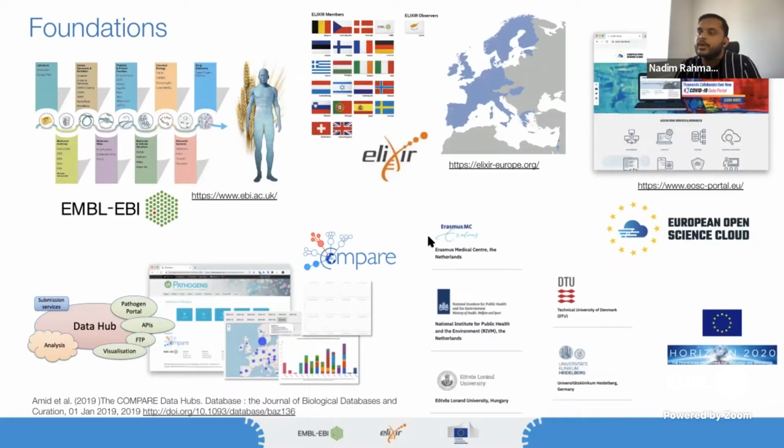So part of the reason why we've been able to act relatively quickly as part of the response to the pandemic is that we had already established foundations in place. And this included at the top right, and continues to include, the EMBL-EBI resources, or Elixir core data deposition resources at EMBL-EBI.